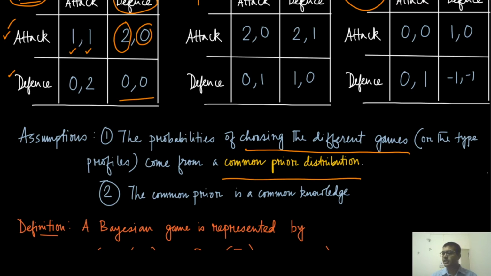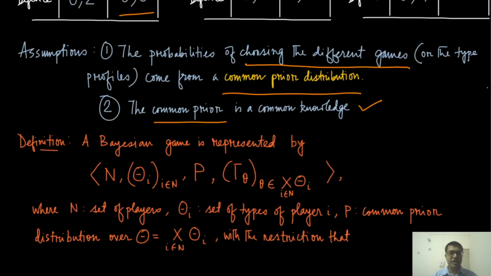There is a common prior which is governing how people are picking their types. And the second assumption is that this common prior, not the realization of the types, rather the distribution of those types, is common knowledge. So these are the two basic assumptions. Now we are at the right stage to define what is a Bayesian game.